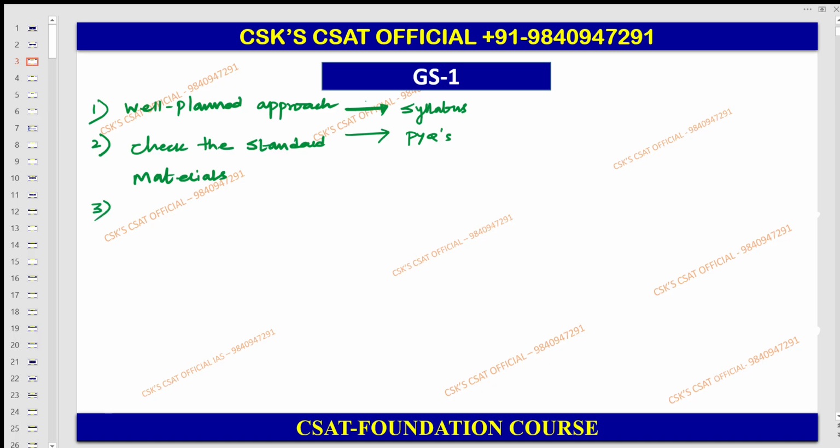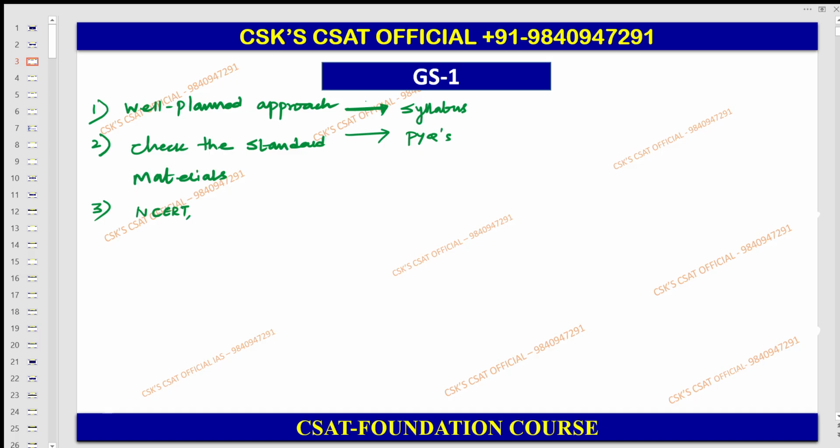Next, you need to ensure that the standard materials contain NCERT as well as whatever is required for GS1: history, art and culture, geography, society, whatever that is. The standard materials are very important along with your NCERT.